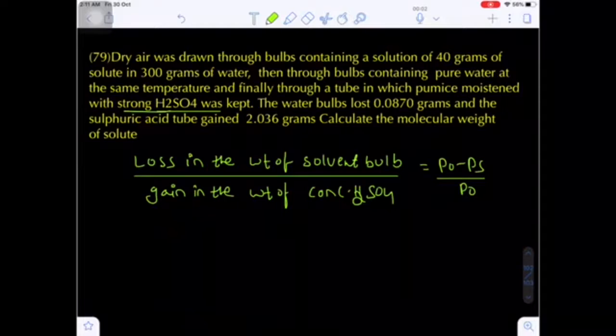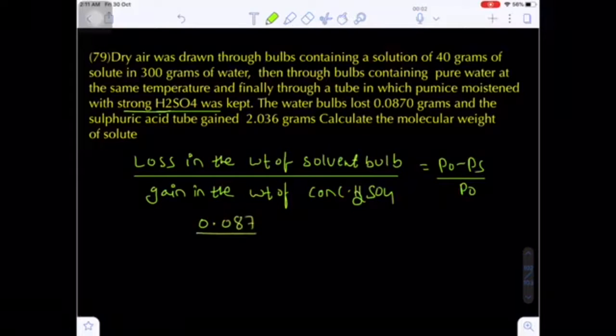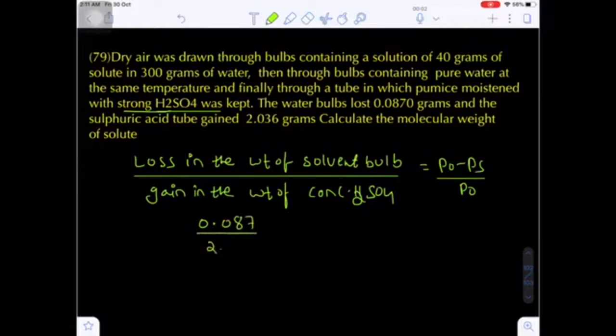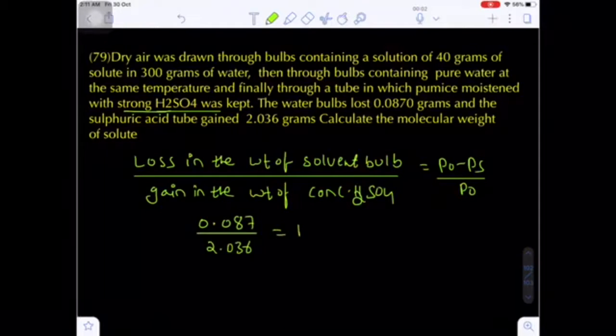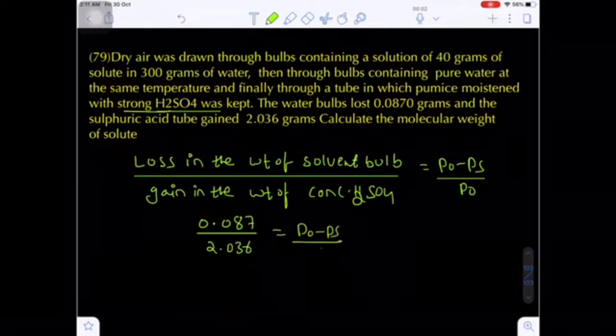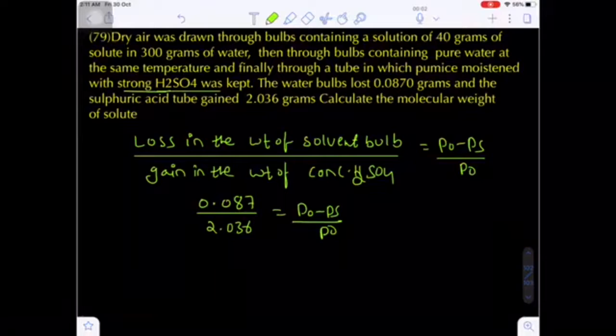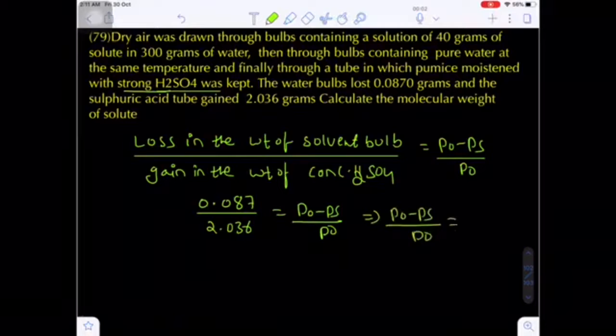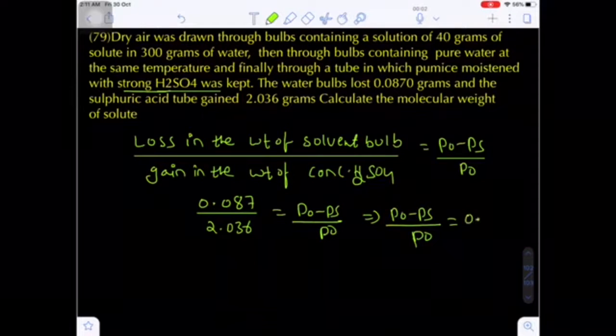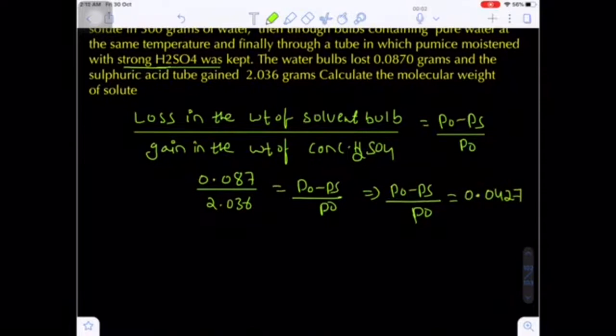Yes or no? What will be the loss in the weight of the solvent bulb? 0.087 divided by the gain in the weight of sulfuric acid, 2.036, is equal to P0 minus Ps upon P0. Yes or no? Now this P0 minus Ps upon P0 value is equal to 0.0427.